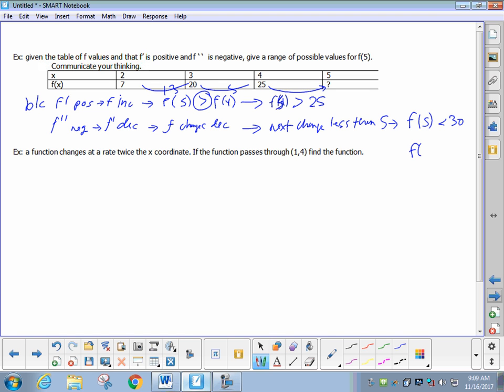I can then infer, putting those together, that F5 must be greater than 25 from the first condition, but less than 30. You with me? All right, last but not least, do the verbal one. My goal is for you to understand calculus verbally, analytically, graphically, and numerically.